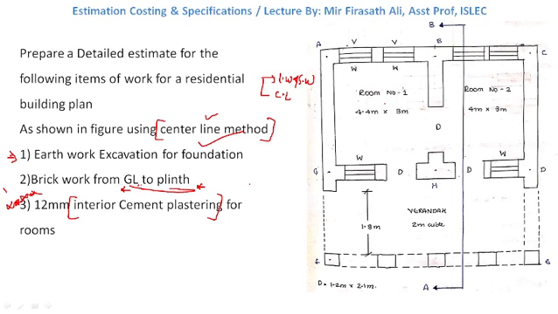Before beginning, let us write the dimensions for doors and windows. In this plan, all this data will be given in the question, or else you can assume it also. These are nothing but standard data.